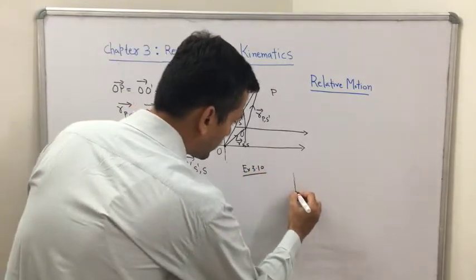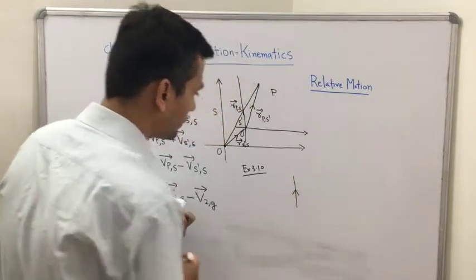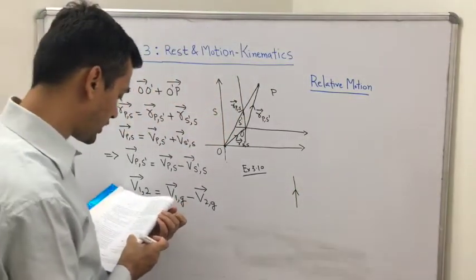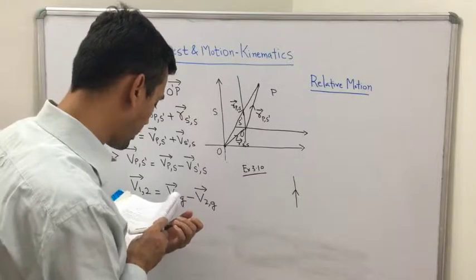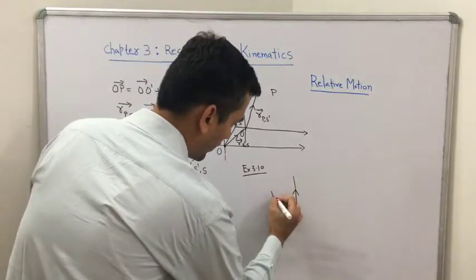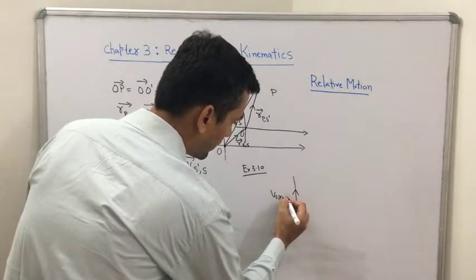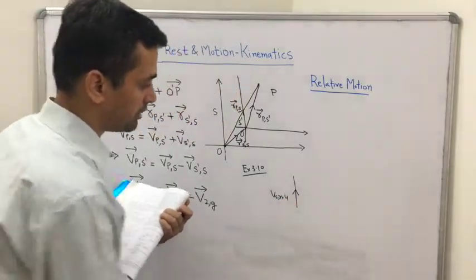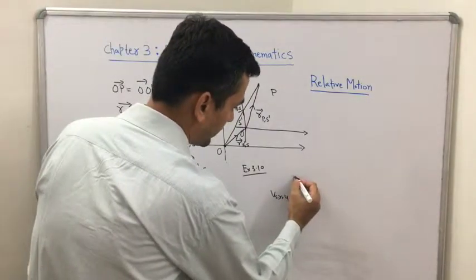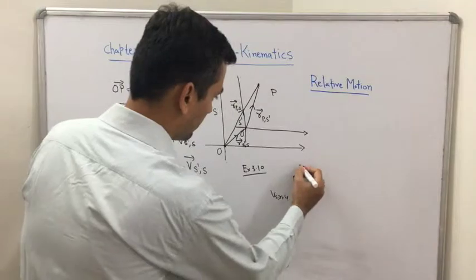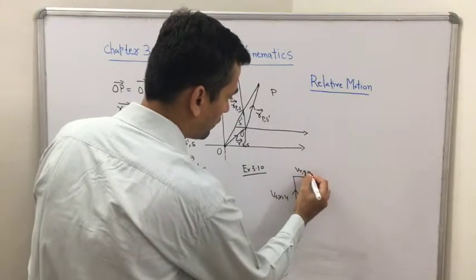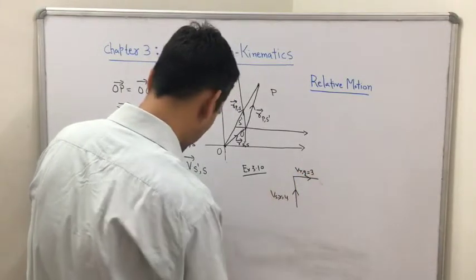So a swimmer is trying to swim perpendicular to the river with a velocity of 4 kilometers per hour. So velocity of swimmer with respect to river is 4 kilometers per hour. But the river itself is flowing. So velocity of river with respect to ground is 3 kilometers per hour.